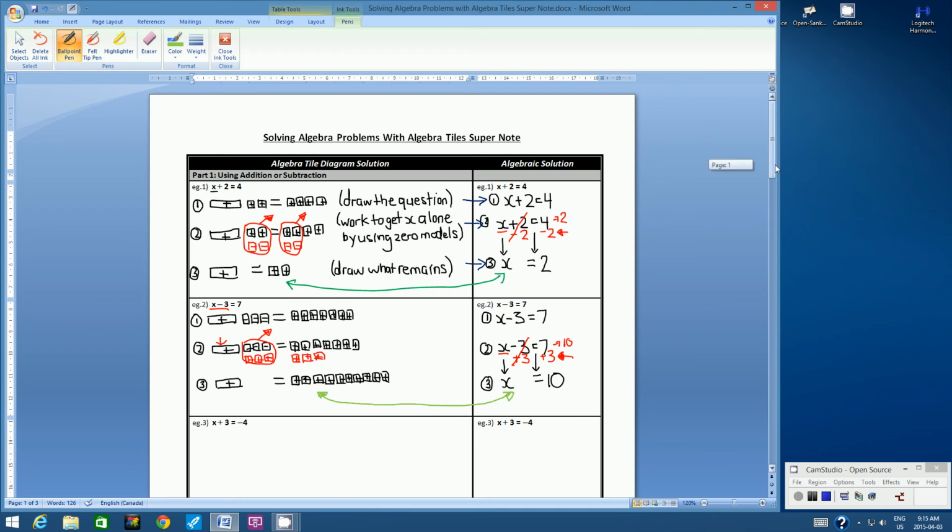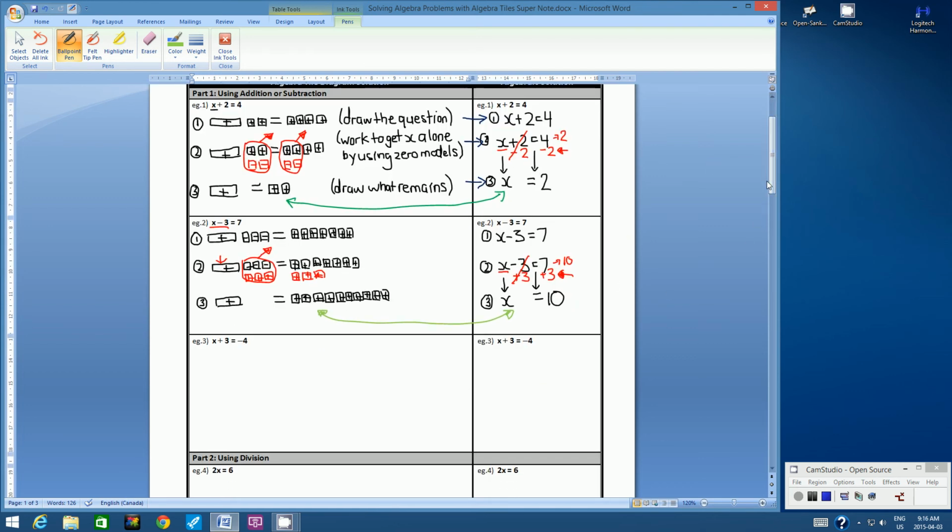All right. So let's go on to the last example in this section. I hope it's starting to make sense. So how about I give you a head start here?